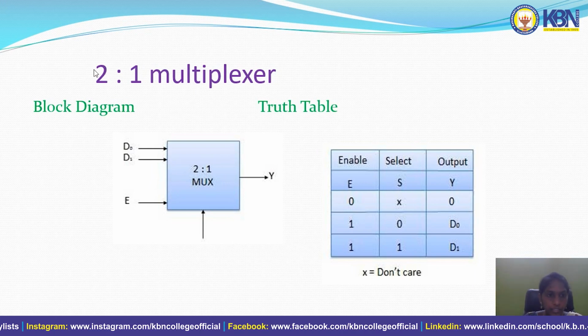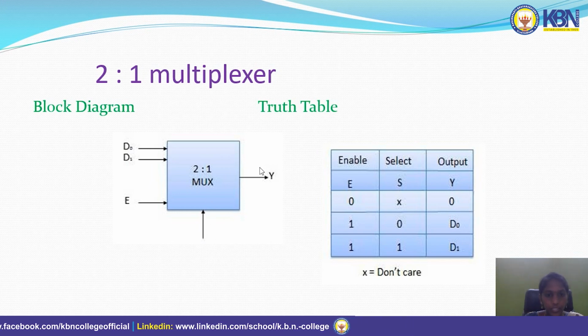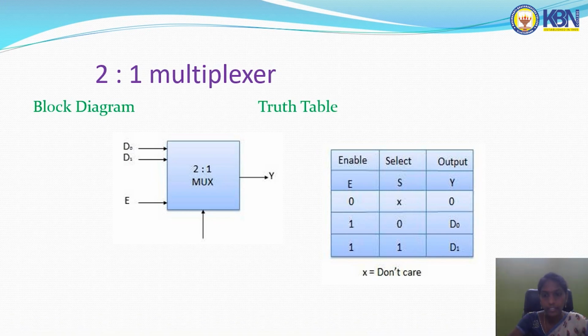The 2 represents the input data lines, that is D0 and D1 are input lines, with 1 enable pin and the selection pin, and the output is taken as Y. The enable pin we have to set as low or high, and the selection pin we need to set as 0 and 1. X means don't care condition.